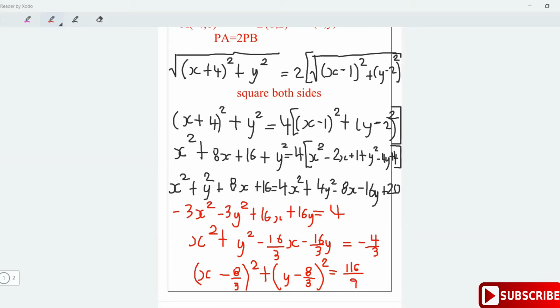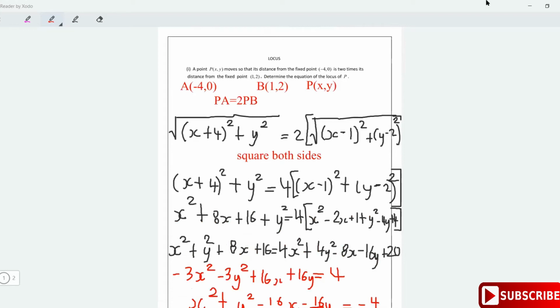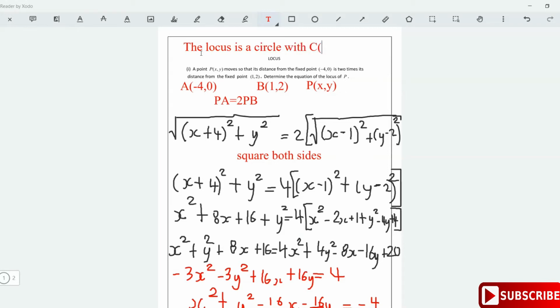So how are we going to write this? I'm going to go to the top up here and say that the locus is a circle with center. What's the center?